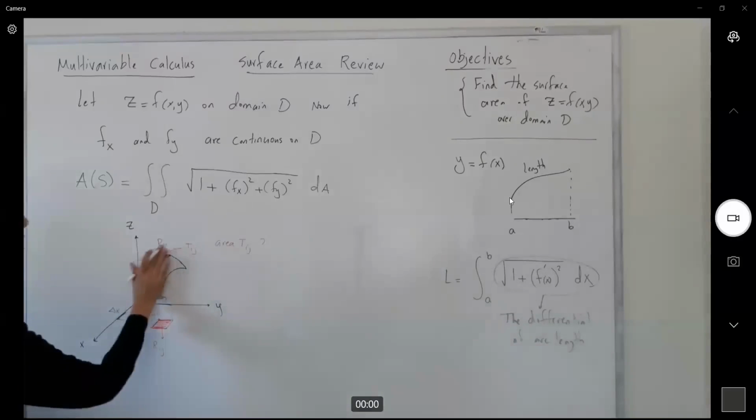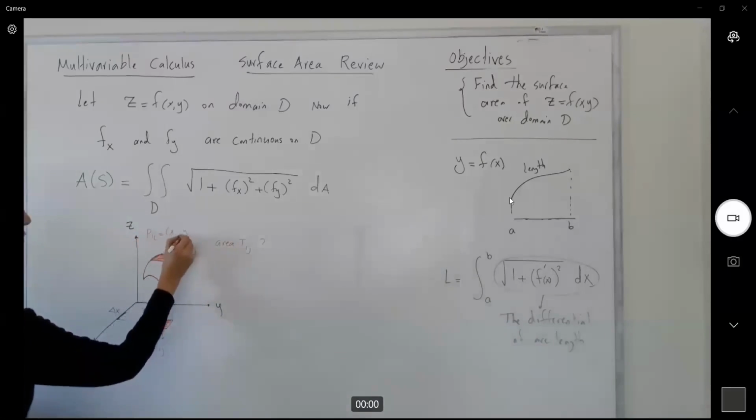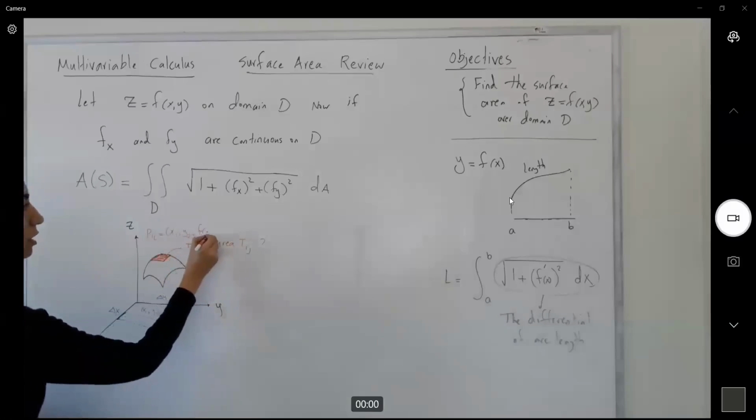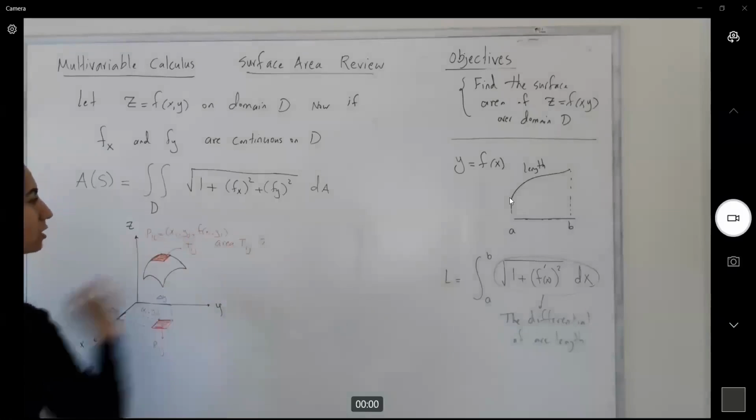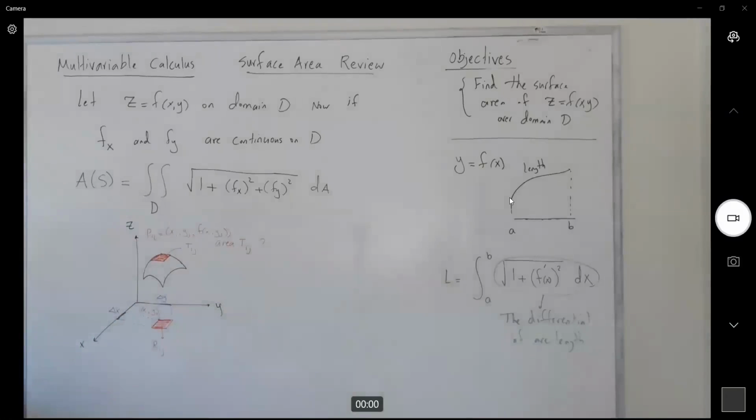And this point, Tij in the space, represented by xi, yj, and f of xi, yj. So these are the coordinates of our point in the space. Perfect. So everything is set up so far.